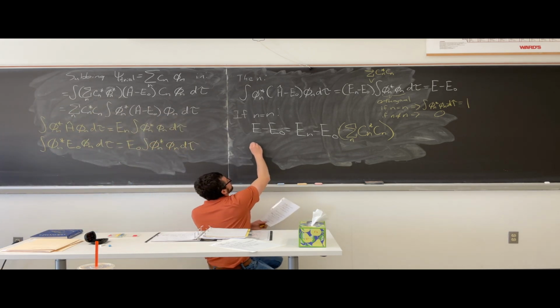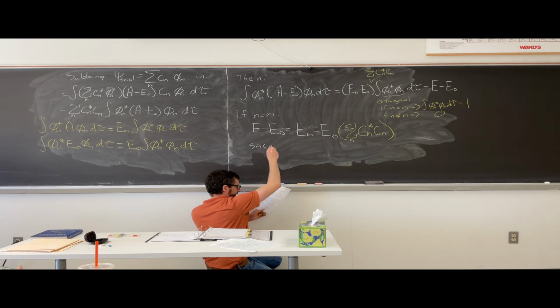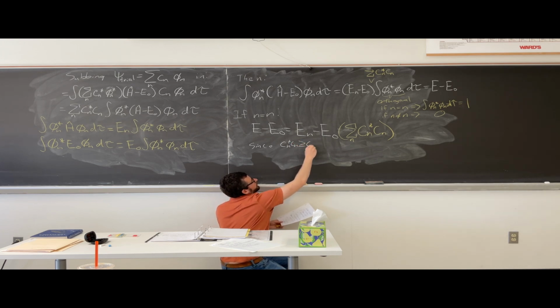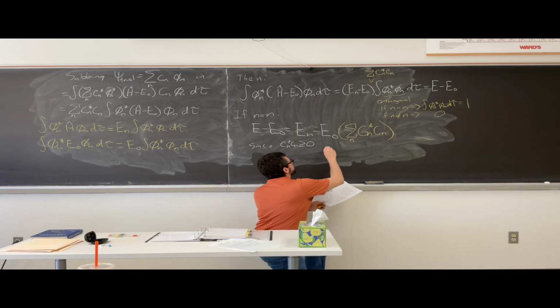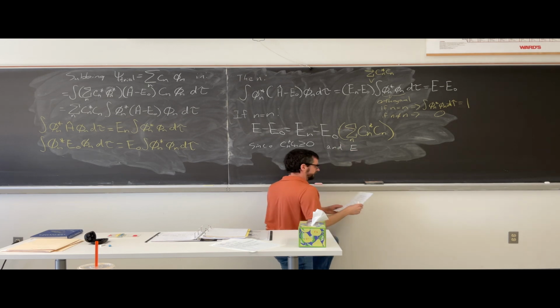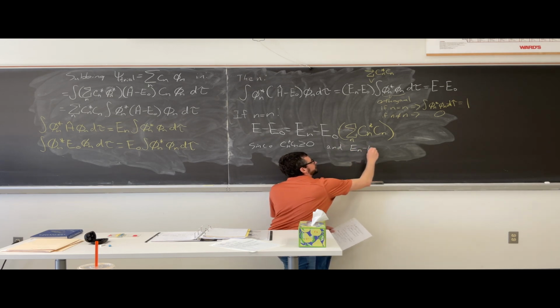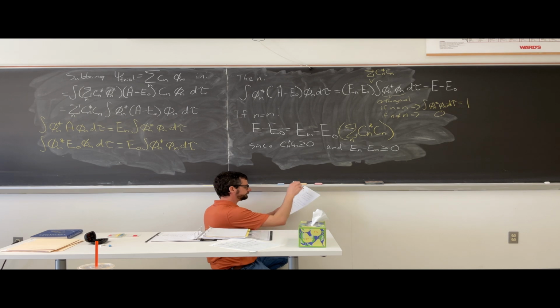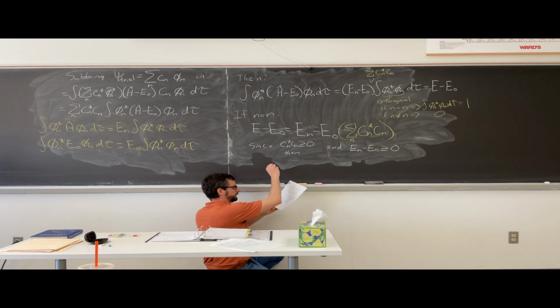Okay, and since Cn star Cn has to be greater than or equal to 0, and En minus E naught has to be greater than or equal to 0, then we end up with the following expression.